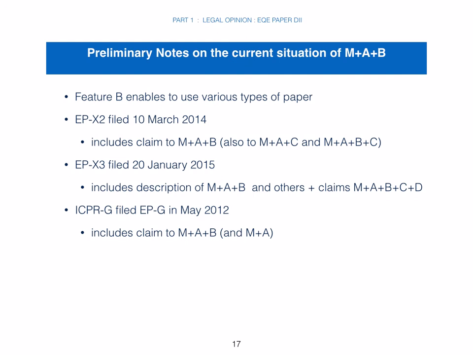EPX2 was filed 10th of March 2014 and includes a claim to M plus A plus B, also to M plus A plus C and M plus A plus B plus C. EPX3 was filed 20th of January 2015 and it includes a description of M plus A plus B and others and claims to M plus A plus B plus C plus D. And EPG was filed in May 2012 and includes a claim to M plus A plus B, and it also includes M plus A. So those are the facts as they emerge.